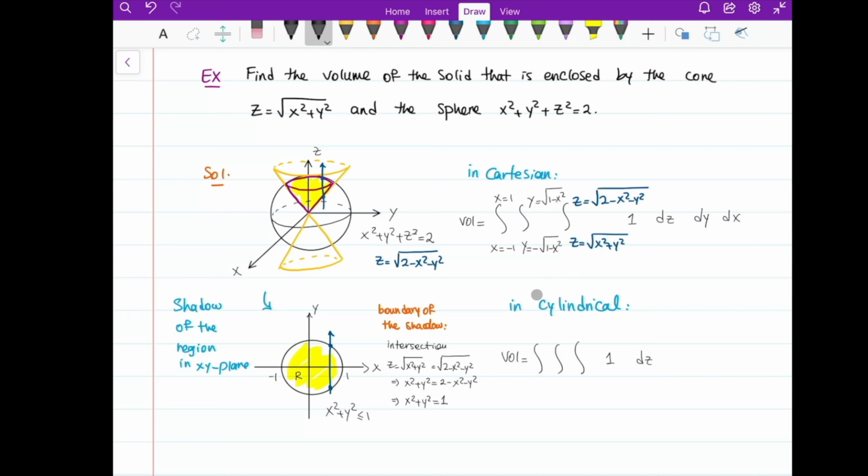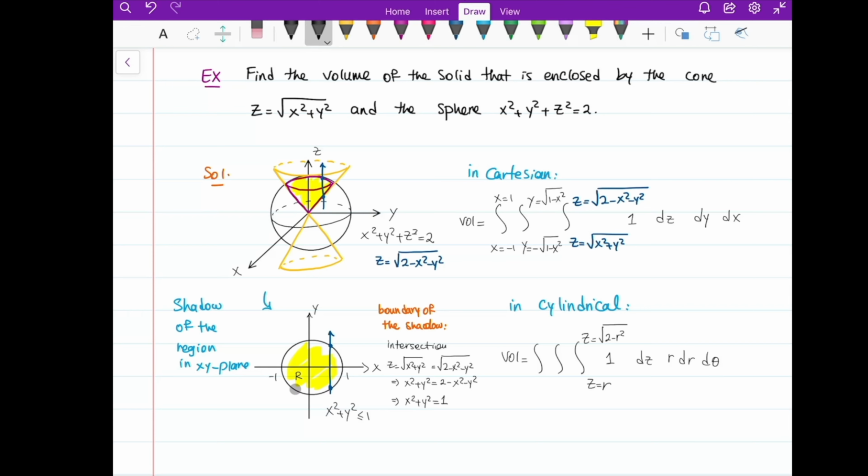Okay, so the bounds for z would be exactly like here, and I'm gonna transform it into cylindrical. So this is z equals to r, that's the equation of r. So z equals to r, and now transform this one into polar. So this is z equals to square root of 2 minus x squared plus y squared, which is r squared. So z equals to square root of 2 minus r squared, and then I have r dr d theta.